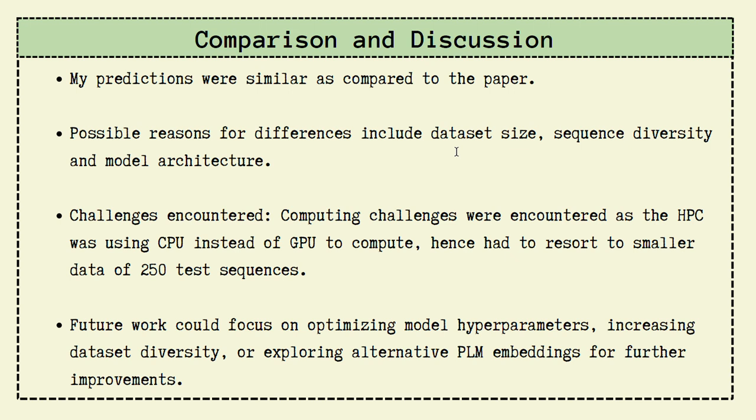I tried to fix it, but I couldn't in time, and the total time to test all the 1971 sequences was coming out to be around 30 or 33 hours. So it wasn't feasible for that mode. So I just decided to do it on a smaller data set.